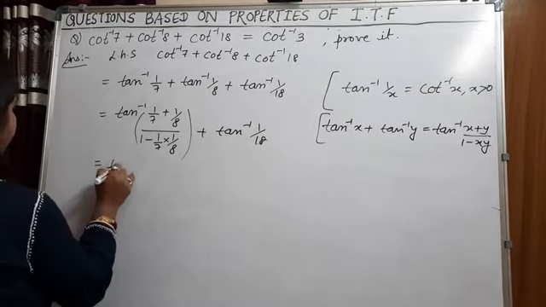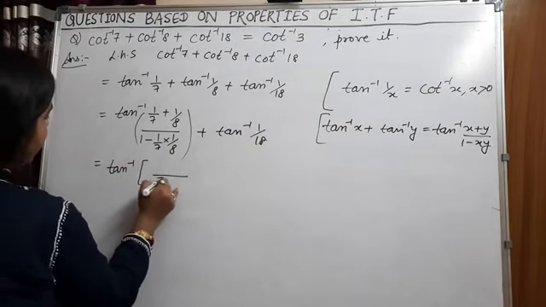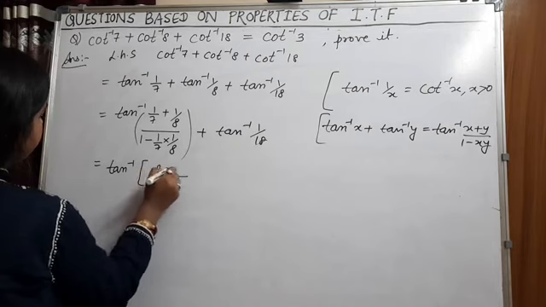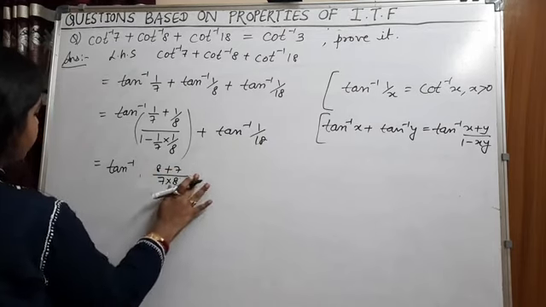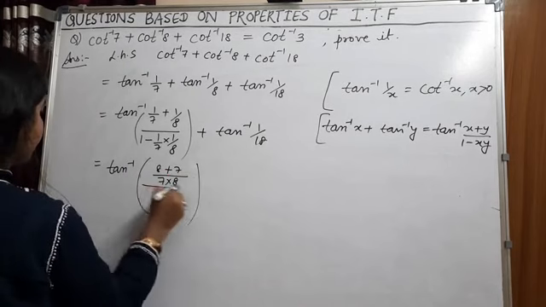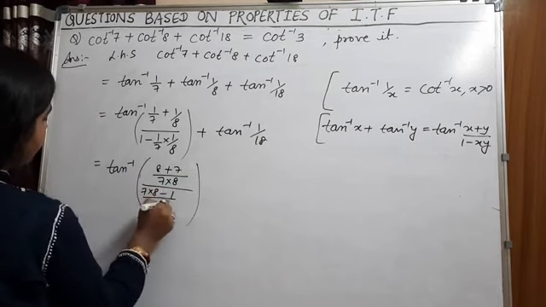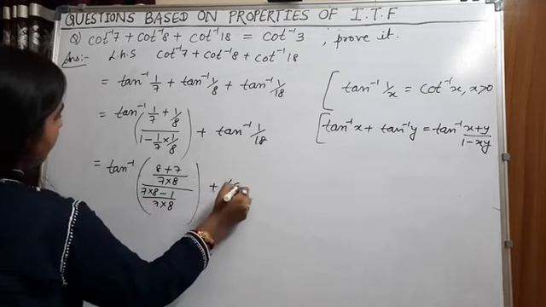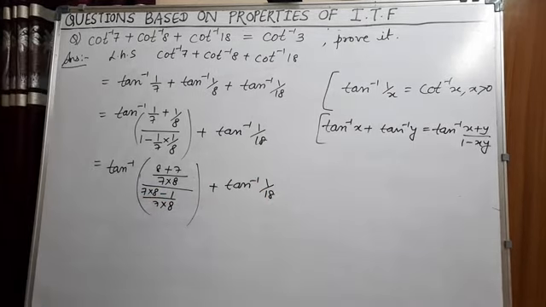Then tan inverse, taking LCM, this is 7 into 8 minus 1 by 7 into 8, plus tan inverse 1 by 18. I think it is clear for all. There is no problem. I am writing the properties also that we are using.